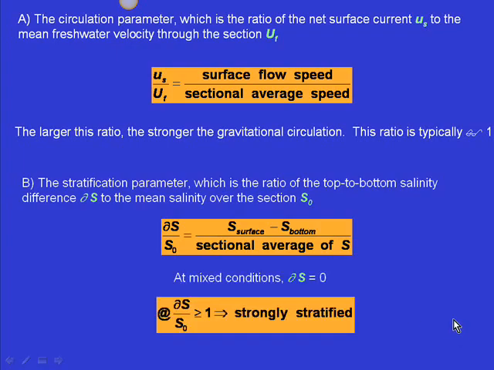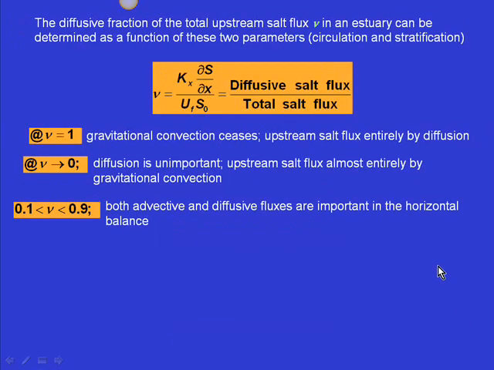So we've discussed this, that at mixed conditions, delta is equal to 0. When this stratification parameter is greater than or equal to 1, then you have very strongly stratified conditions.